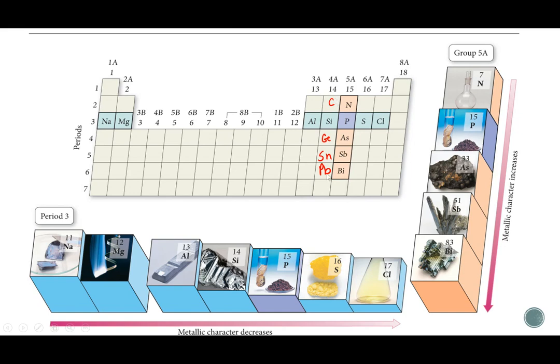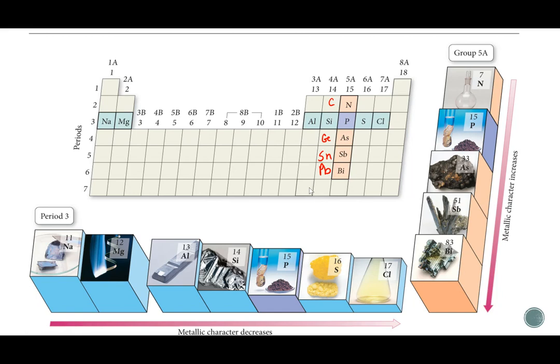So if we think about top to bottom, carbon to lead, I think it's getting more metallic or less metallic. Yeah, it's getting more metallic, right? Lead, tin, those are obviously metals. We've seen them before. Carbon is a non-metal, pretty important to sustaining biological life. So as we go top to bottom, it gets more metallic.